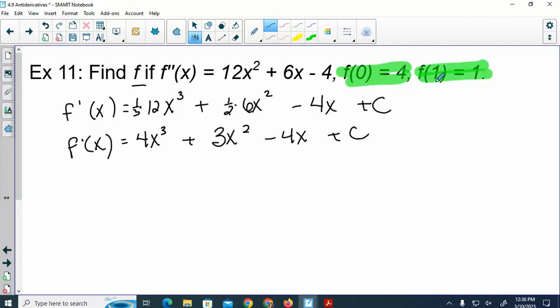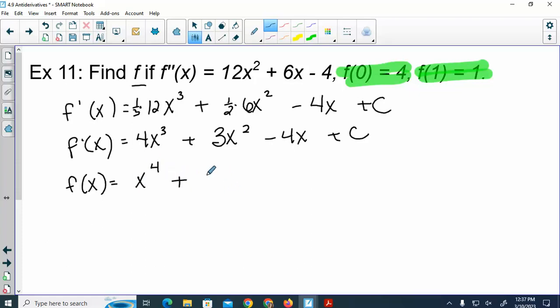Now, these are for the original function, right? Do we have the original function yet? Nope. Okay, so let's keep going. Let's do the antiderivative of this. So if you're at the first derivative, then we'll go back to f. What's the antiderivative of 4x cubed? X to the 4.